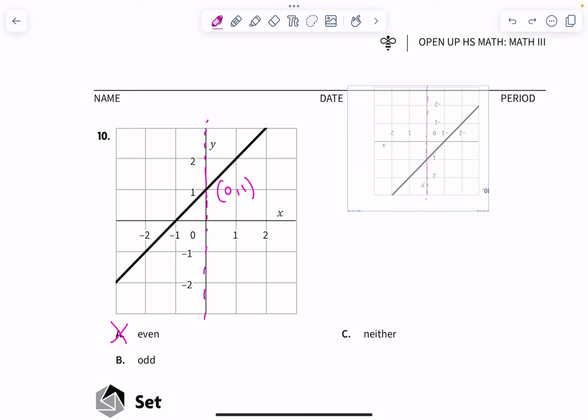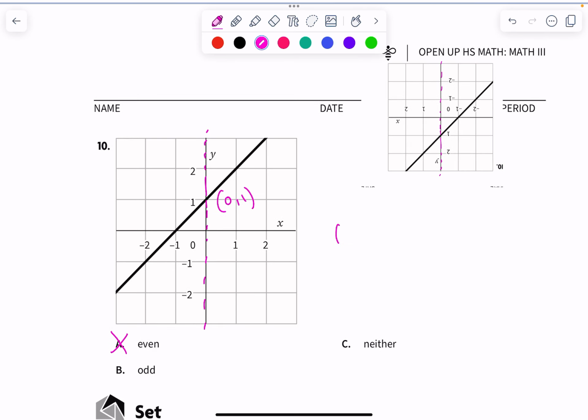Doing it with the numbers, if I have 0 comma 1, an odd should be 0 comma negative 1. So is 0 comma negative 1 on this? No, right? So it's neither odd nor even.